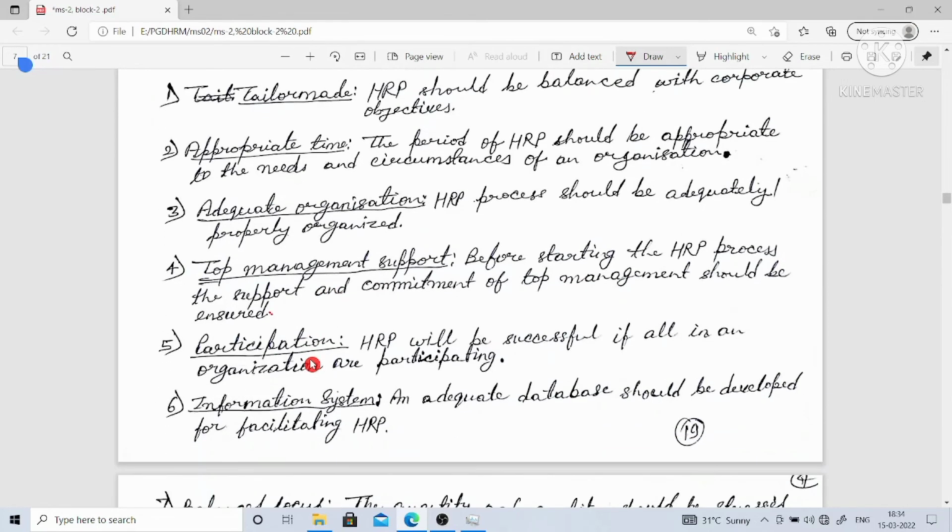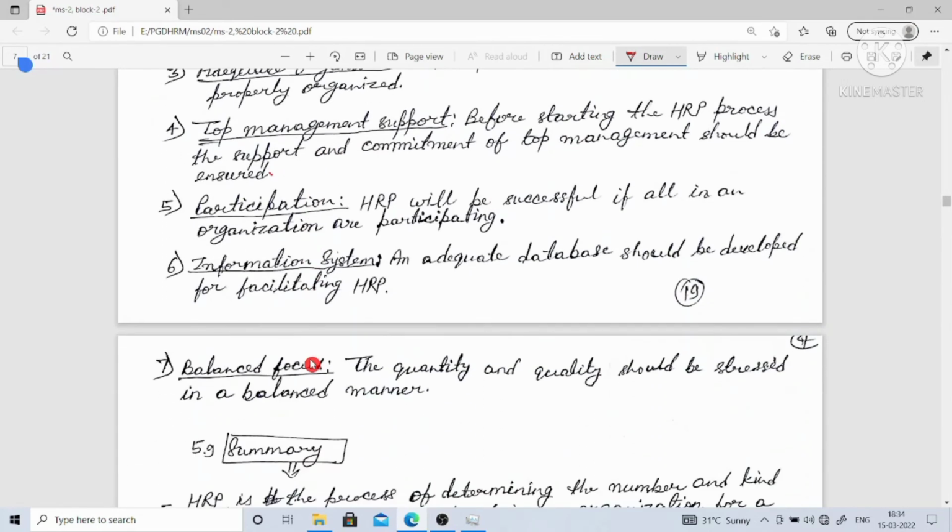Participation. Human resource planning will be successful if everyone in an organization participates. So participation is very important for its success. Then next given here, information system. An adequate database should be developed for facilitating human resource planning.